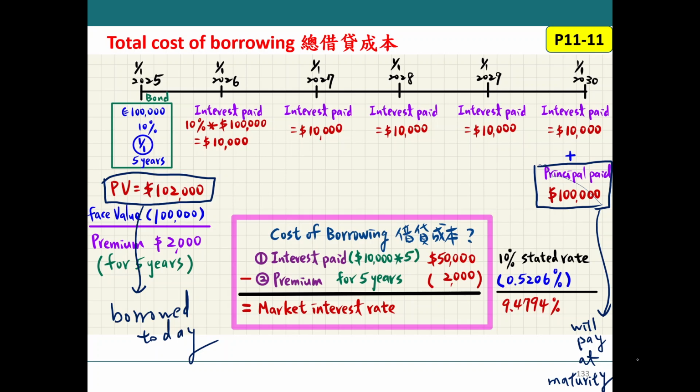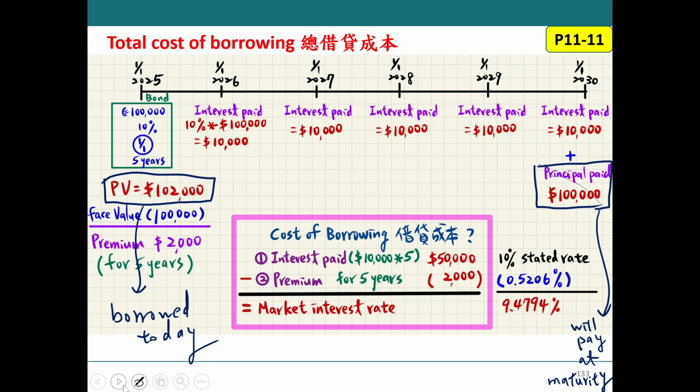Did you find out how much money you got? $102,000, but you just need to pay $100,000. So you got $2,000 more today, right now.